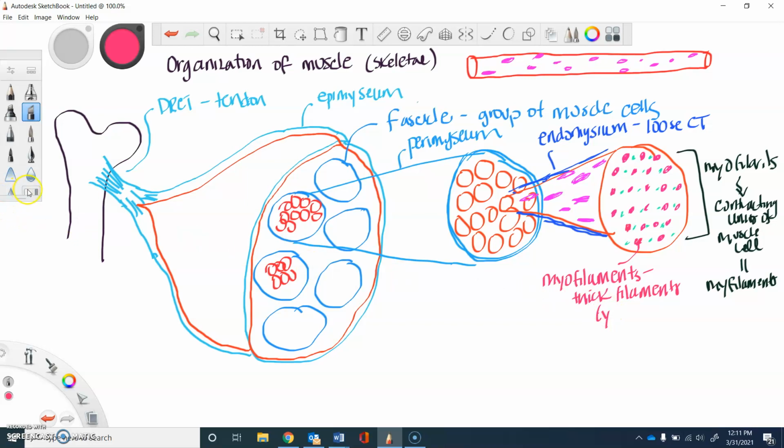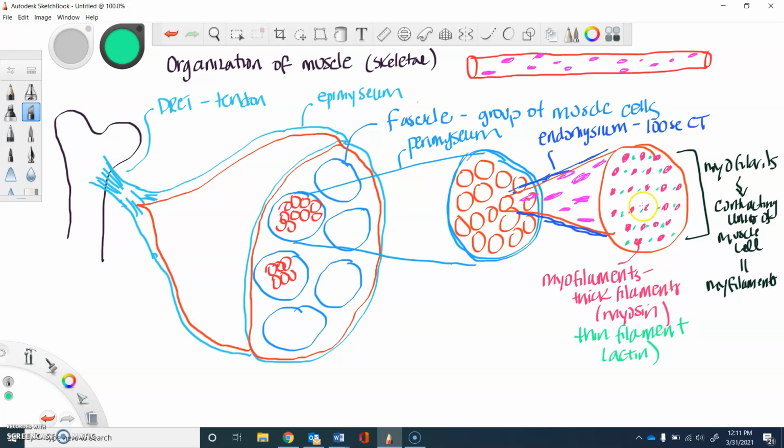Sorry, spelling isn't good right now. Okay, so myosin is the type of protein that the thick filament is made out of. The other filament, this one here, is a thin filament, and it is made out of a protein called actin.